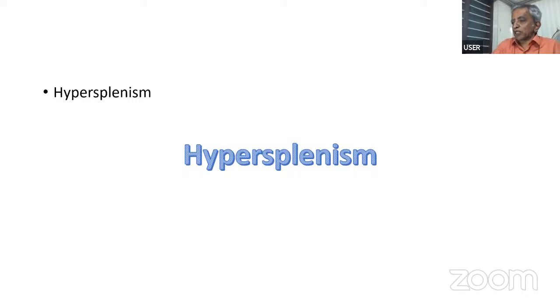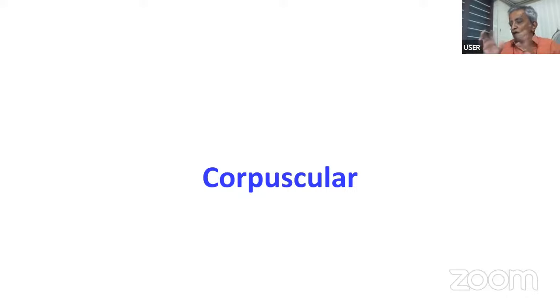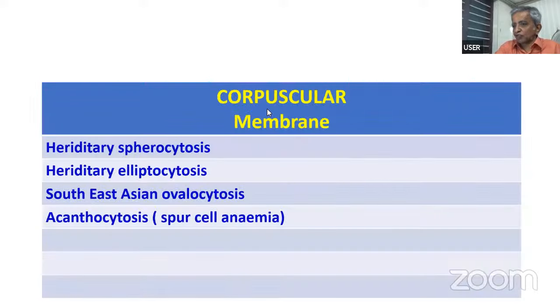Now come to the corpuscular. So we have eliminated one after another, antibody mediated, fragmentation, poisons, all of them. So the patient's hemolysis is not due to an extracorpuscular factor. We didn't find anything. Therefore, we go to the corpuscular factors. Now, corpuscular factors, you take up the membrane. In the membrane, you have a lot of membrane abnormalities.